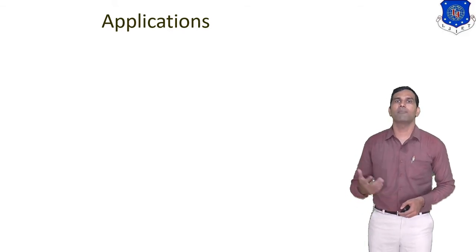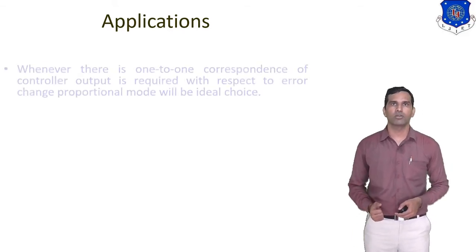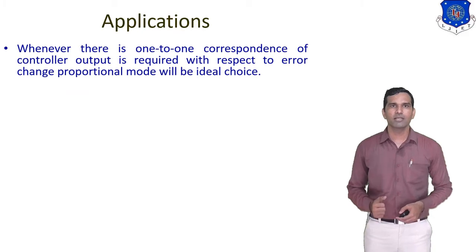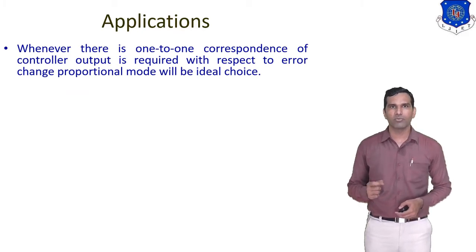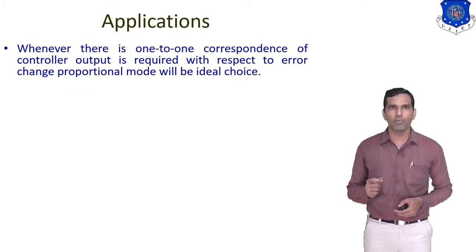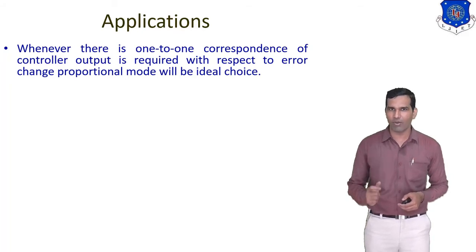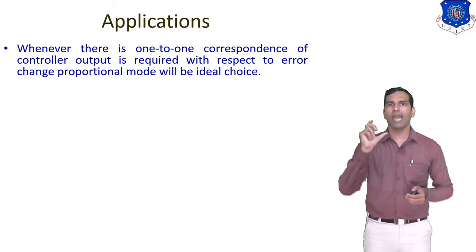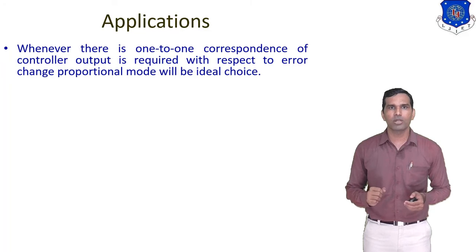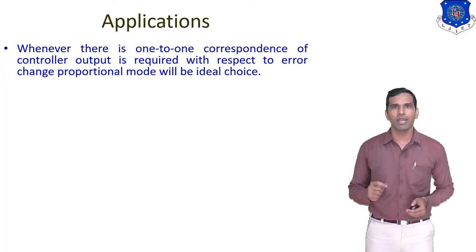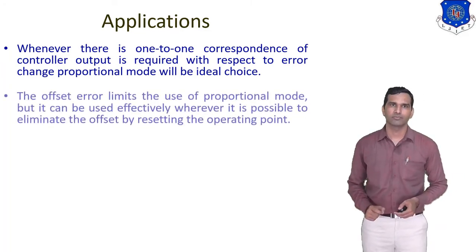Now we discuss the application of this proportional controller. The first one is, whenever a one-to-one correspondence of controller output with respect to error change is required, proportional mode will be the ideal choice.